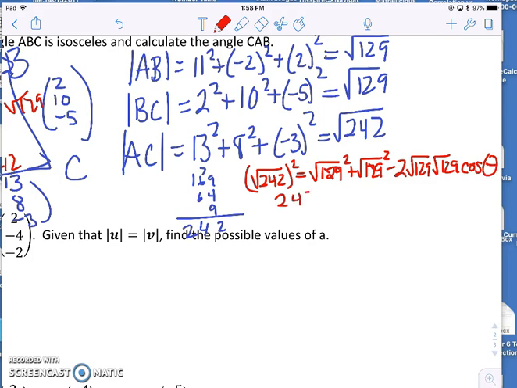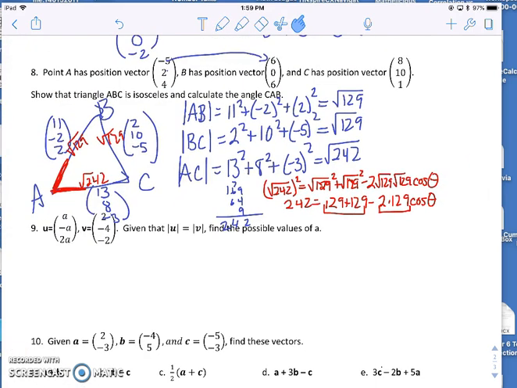So we have 242 equals 129 plus 129 minus 2 times 129 cosine of theta. And then just remember you need to keep solving this by chunking those together, and then you have to do the inverse cosine at the end.